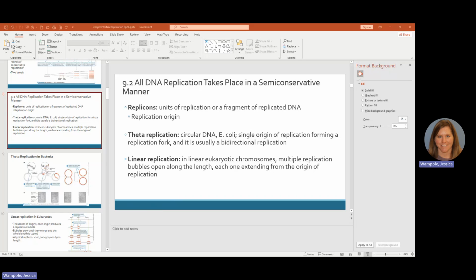But one of our strands is going to be made continuously from the origin of replication towards the replication fork.